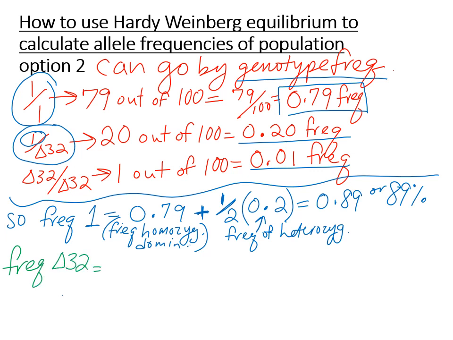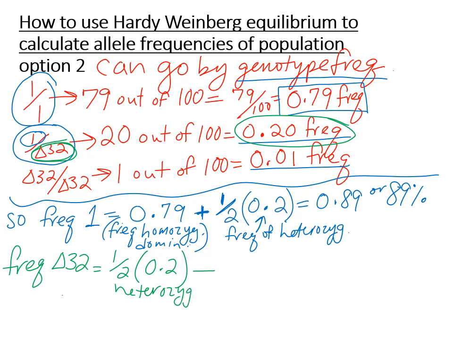Where do you see delta 32? Well, the first place we see it is the other half of the heterozygote genotype. So 1/2 of that 0.2, the heterozygous, plus the entire homozygous recessive, which is 0.01.